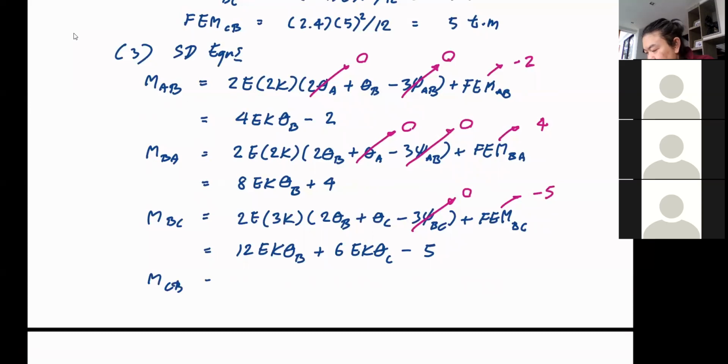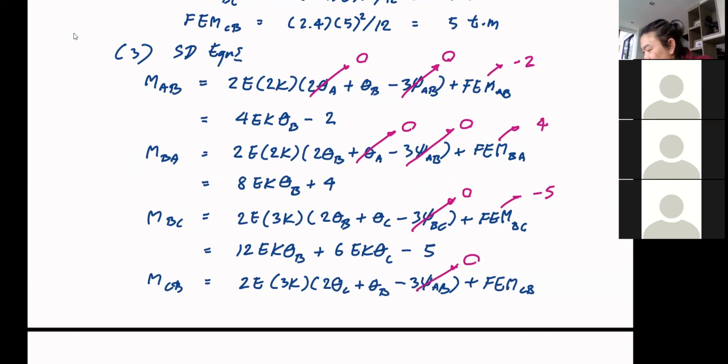And MCB, 2E3K, 2 theta C plus theta B minus 3 psi BC, plus FEM CB. Again, this guy is 0 and this guy is 5.